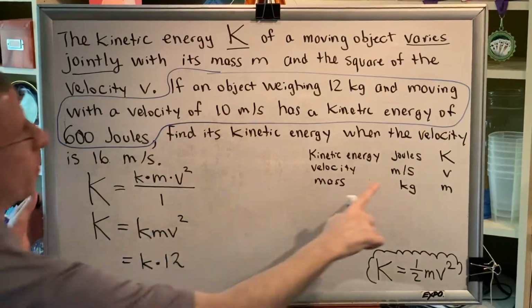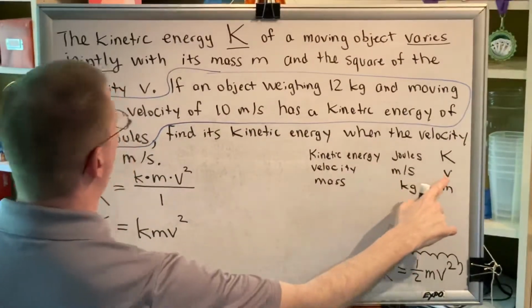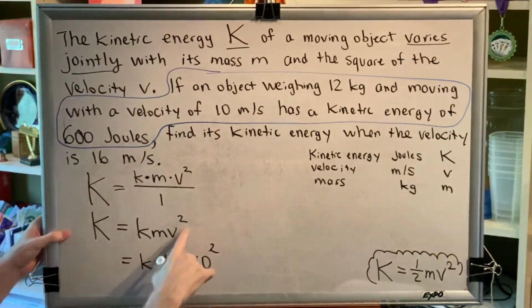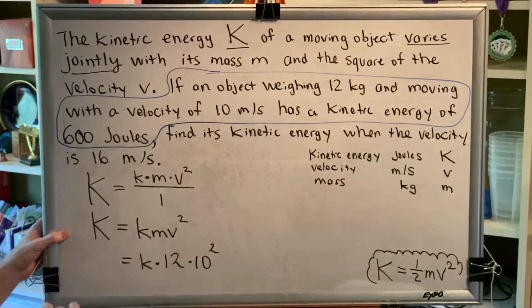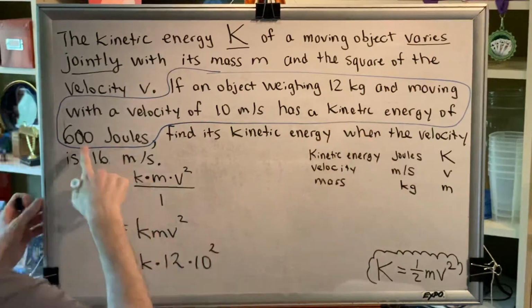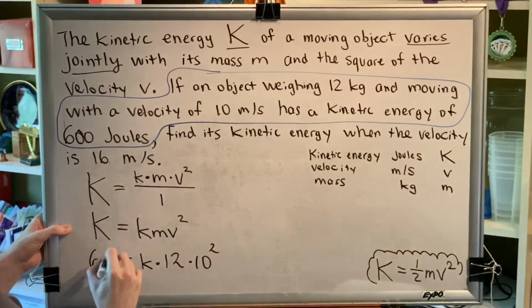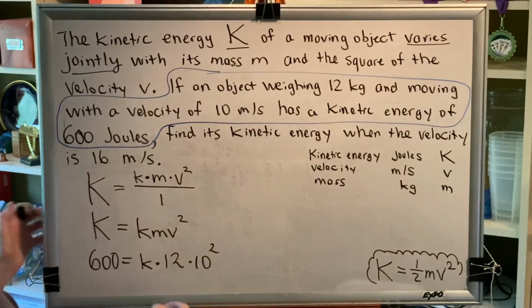A velocity of 10 meters per second is the velocity v. Notice that in the equation v is squared, so here it's also squared. And a kinetic energy of 600 joules is capital K, which goes over here. Now I can solve for lowercase k.